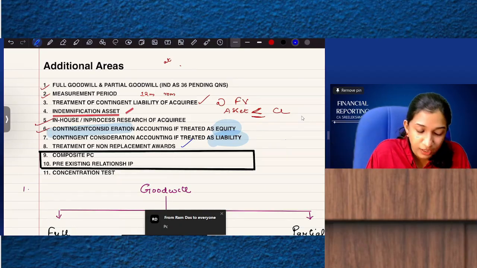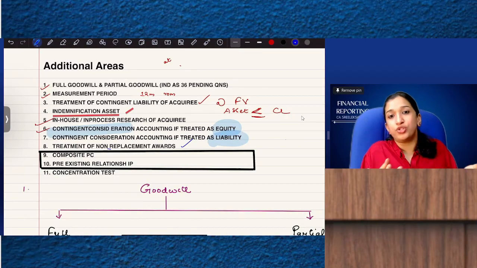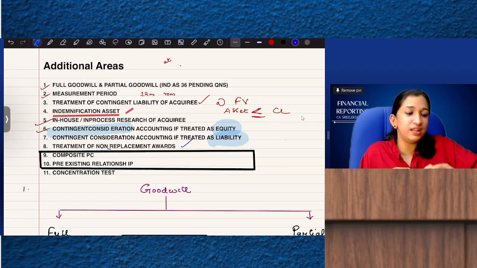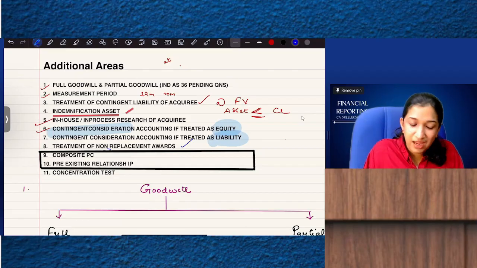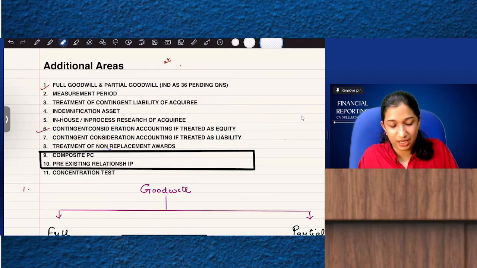Okay. What if it is not replaced? The standard says if it is not replaced also, the acquirer can make some changes to the terms. The acquirer can modify the share-based payment plan. So anyway, if it is not replaced, find out the pre-combination expense.